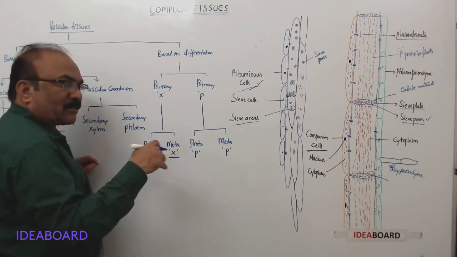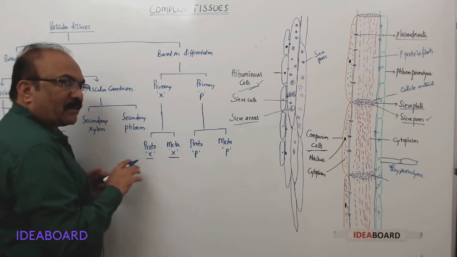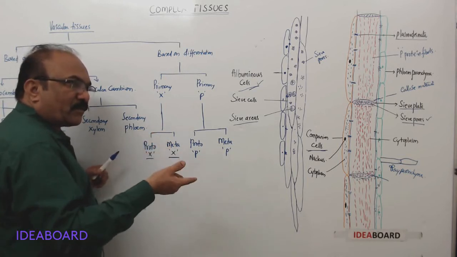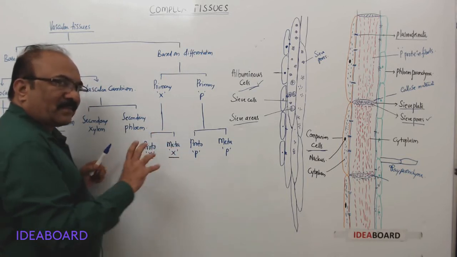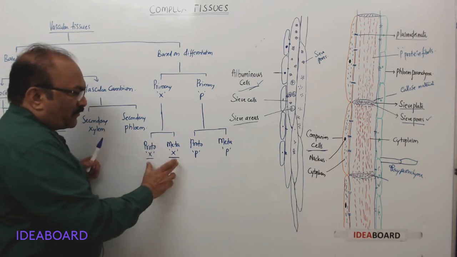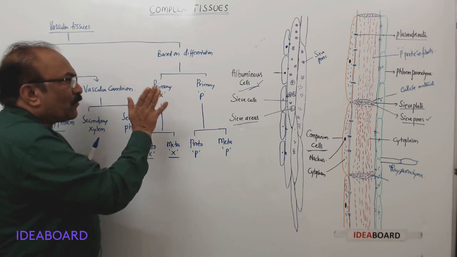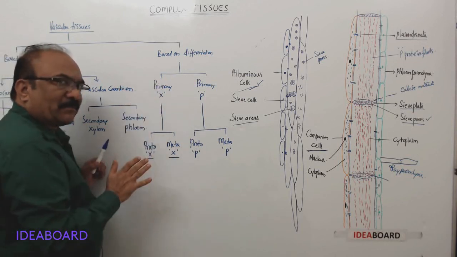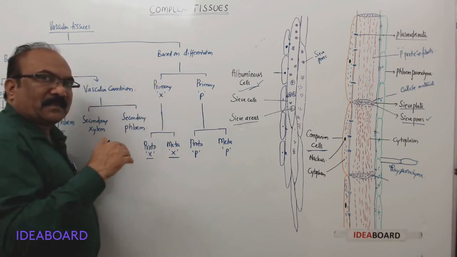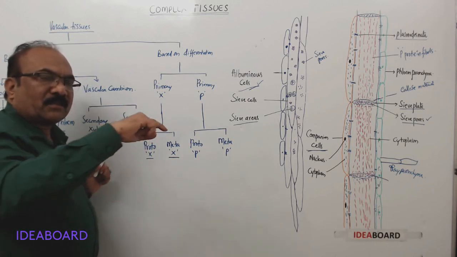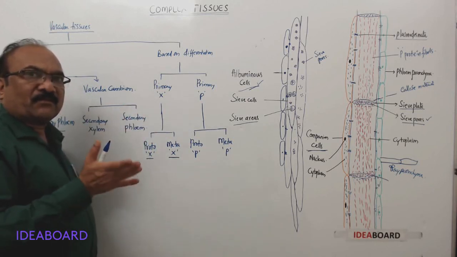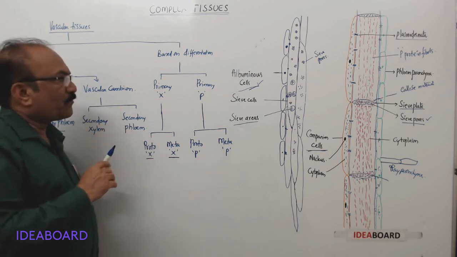And the metaxylem elements are large in size, and they will have scalariform, reticulate, pitted thickenings. So in that way, we can differentiate protoxylem and metaxylem, and this is applicable only to primary xylem, not to the secondary xylem, because the secondary xylem is produced continuously in the form of rings, which we call annual rings.